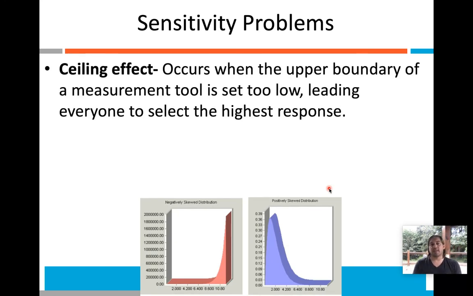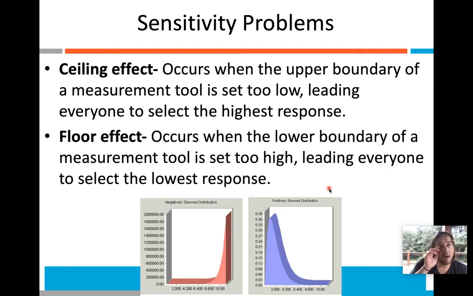So sensitivity is a problem when you have either what we call a ceiling effect or a floor effect. A ceiling effect occurs when the upper boundary, the high end of your scale, is set too low such that all responses are hitting the ceiling and they can't go any higher, right?